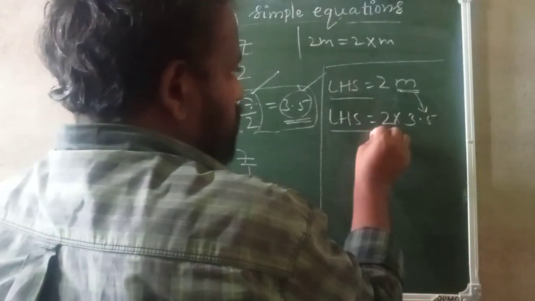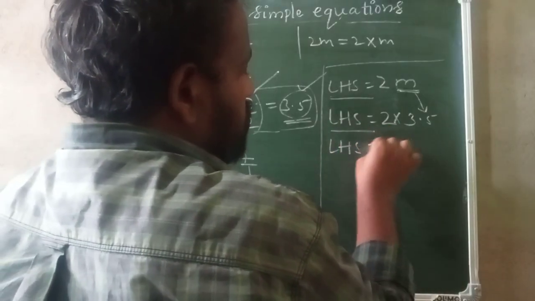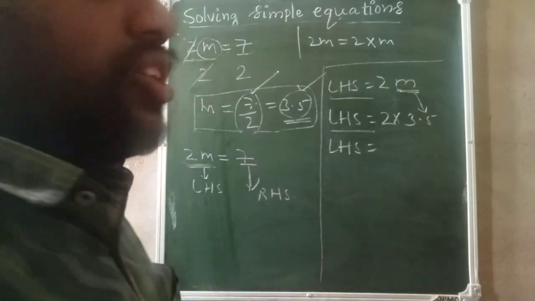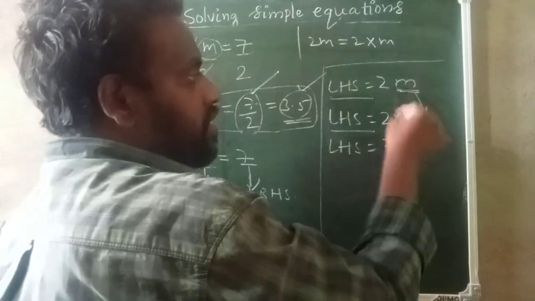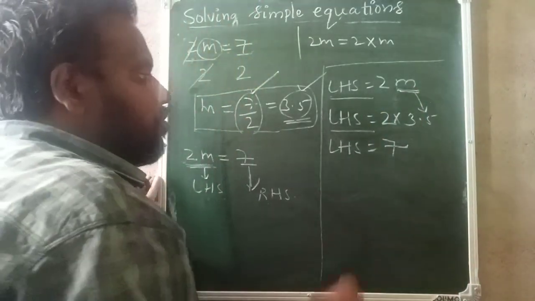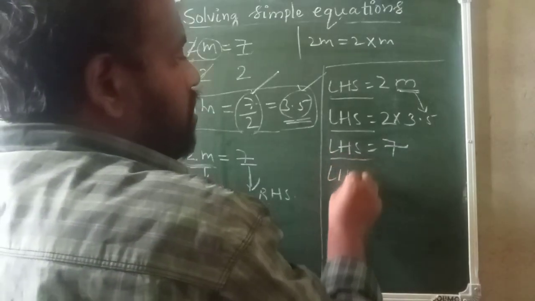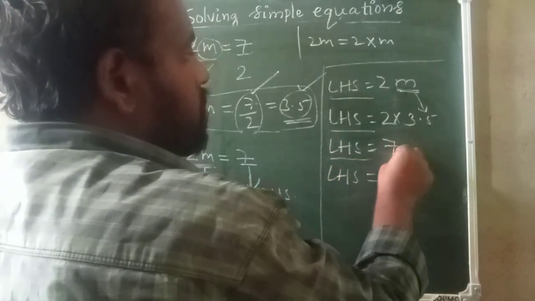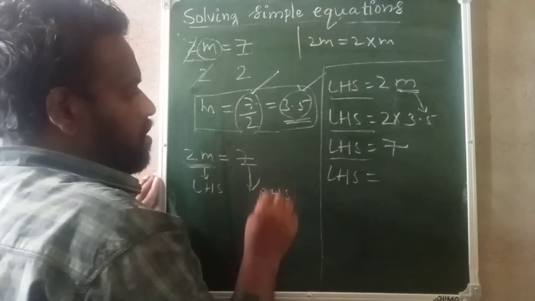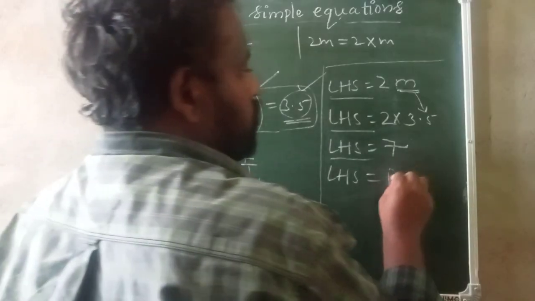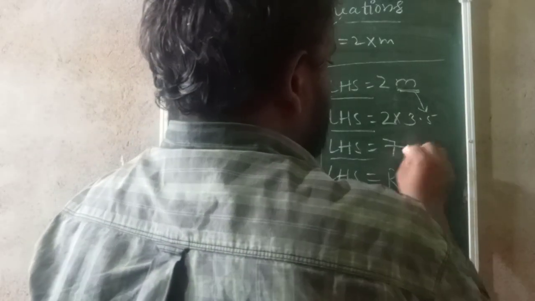Okay. So next step, LHS is equal to, now 2 into 3.5. How much? It is 7 only. So next step, same thing, LHS is equal to 7. See, 7 is RHS. So I will write RHS in place of 7.